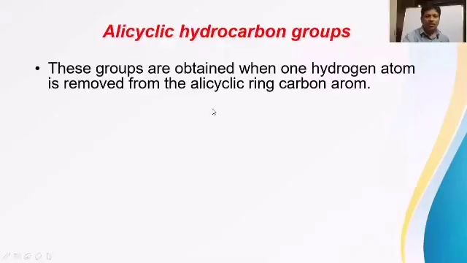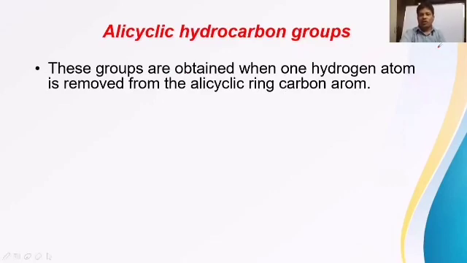So the first type of hydrocarbon groups we discussed today are alicyclic hydrocarbon groups. What is the alicyclic hydrocarbon group here? The alicyclic hydrocarbon group is obtained by the removal of one hydrogen atom from an alicyclic hydrocarbon molecule. So these groups are obtained when one hydrogen atom is removed from a cycloalkane molecule.